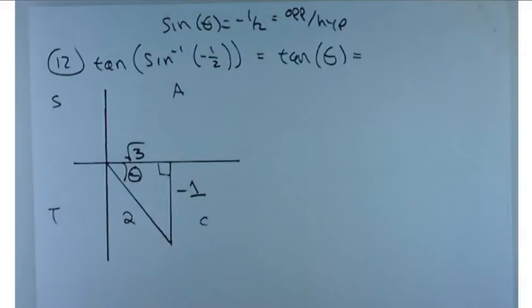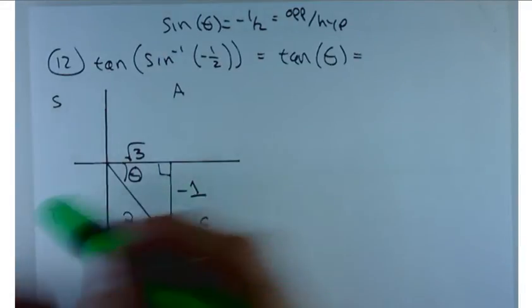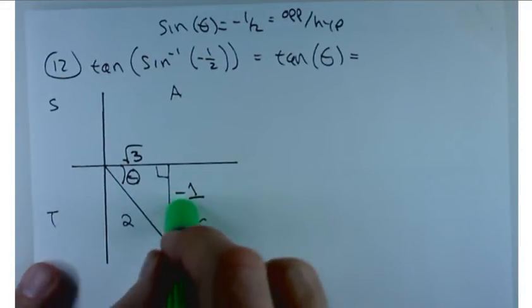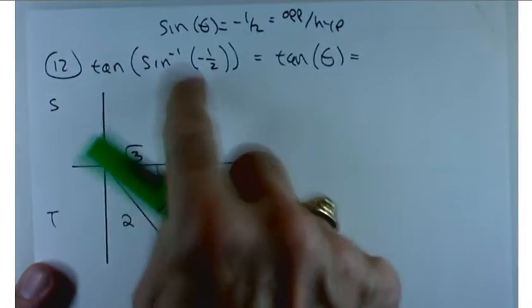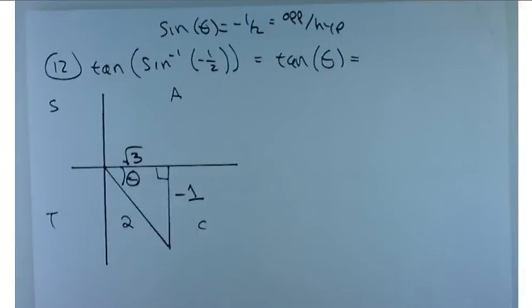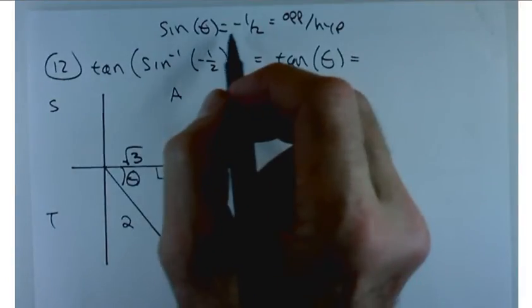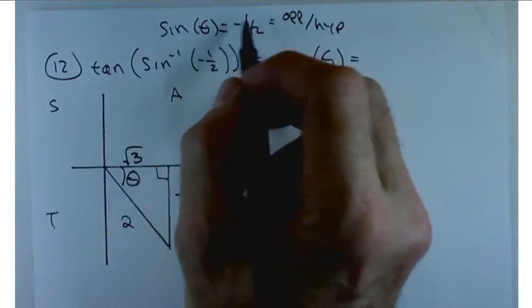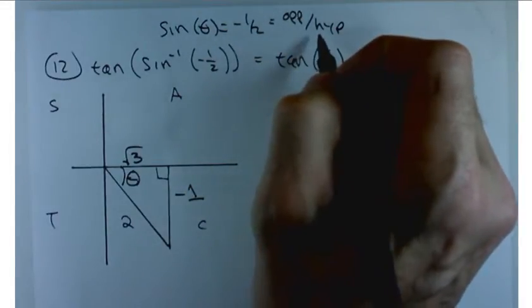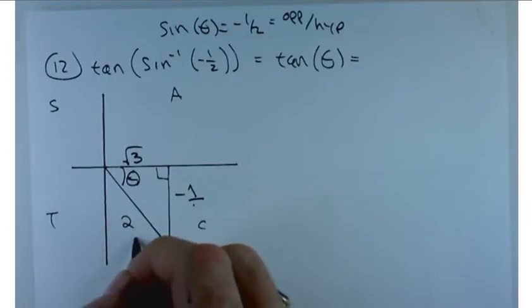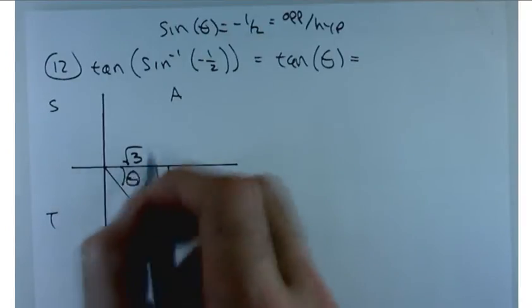Because the sine is negative 1/2, it has to be in one of these two quadrants. We're going to pick this one because that's where the inverse sine of something is going to be. The sine was negative 1/2, which is your opposite over hypotenuse. How do you figure out this one?